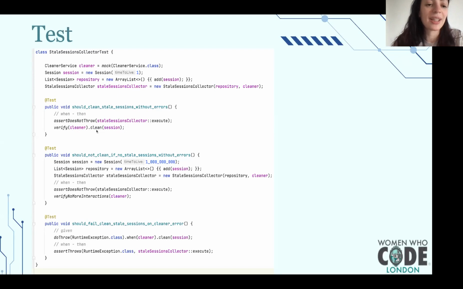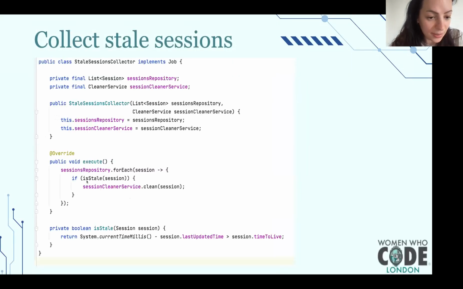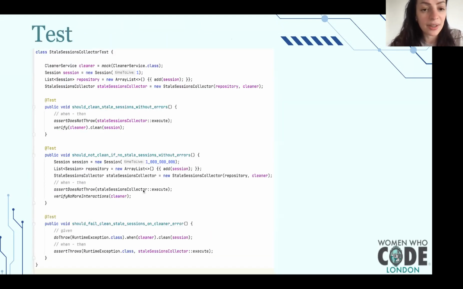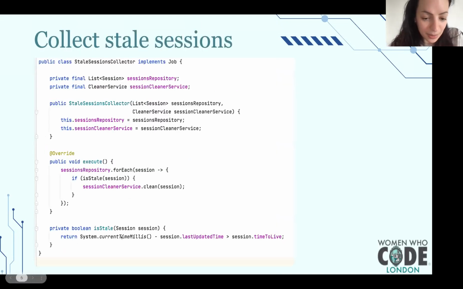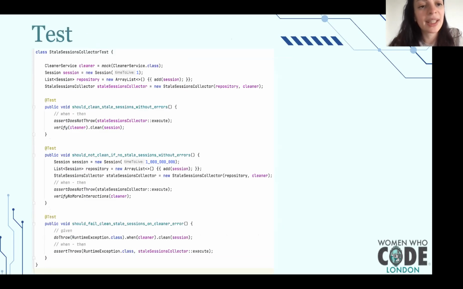That's how we can check that our function came into the method and did this method. If you look at the code, we see that in execute, if there's a stale session, we just clean this session. We also created a session with time to live of 1 millisecond. That's why when we come into this test, it's already expired, it's already stale, because we do this check in this private boolean isStale method.